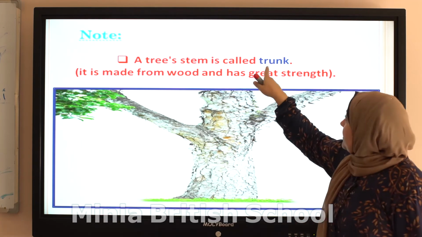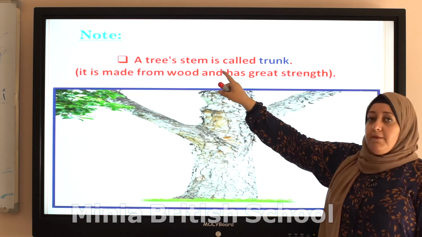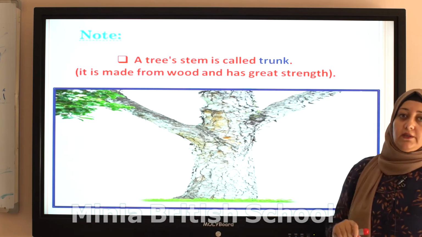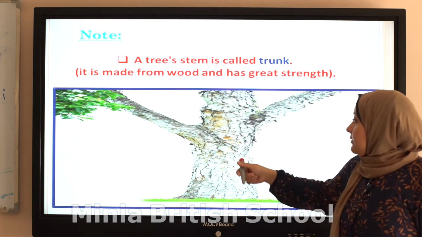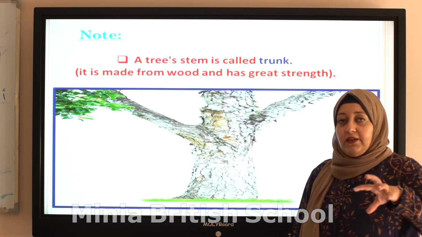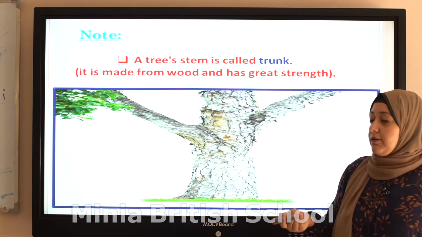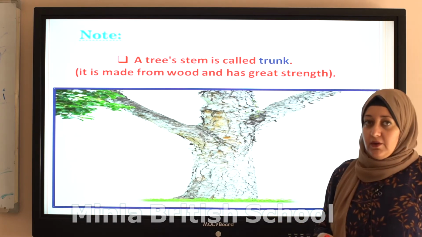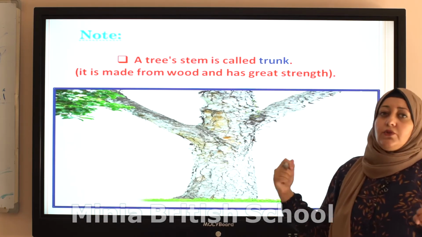The tree's stem is called the trunk. It's made from wood. We know that. We take the wood from the trees, from the trunk of the tree, and it has great strength. It's very, very strong.